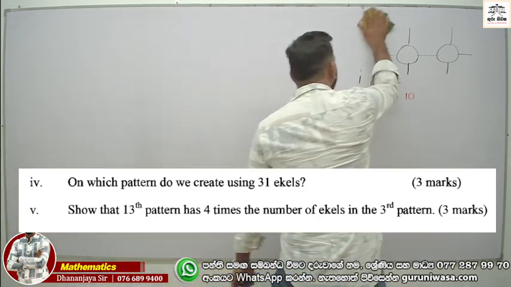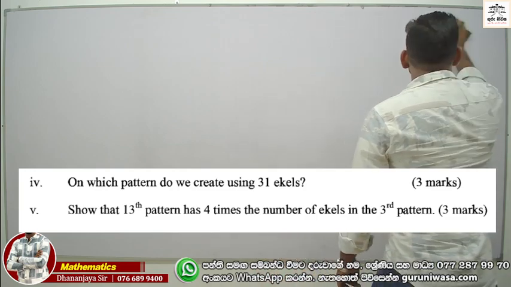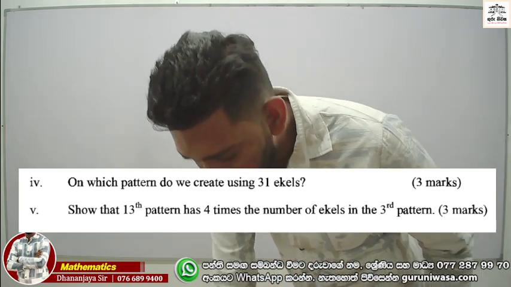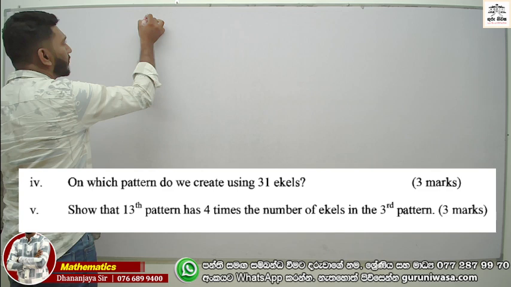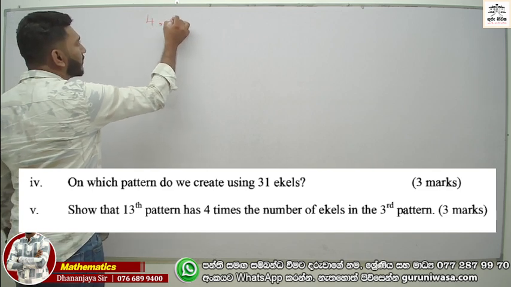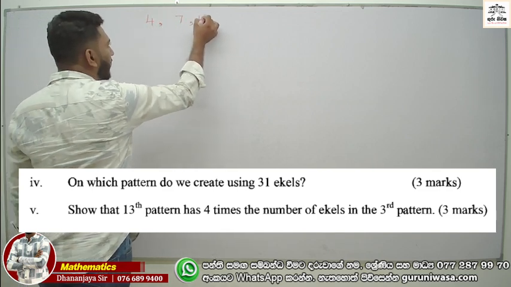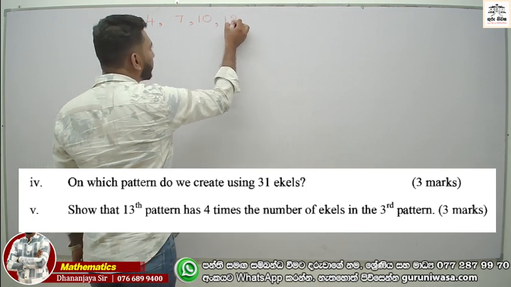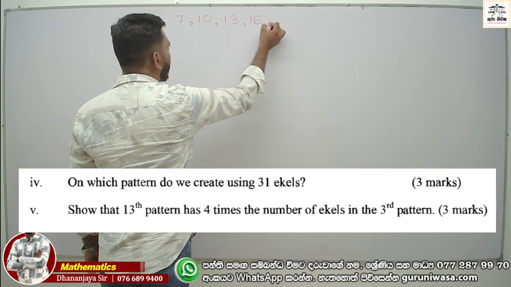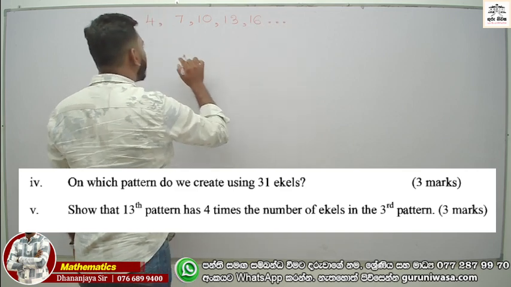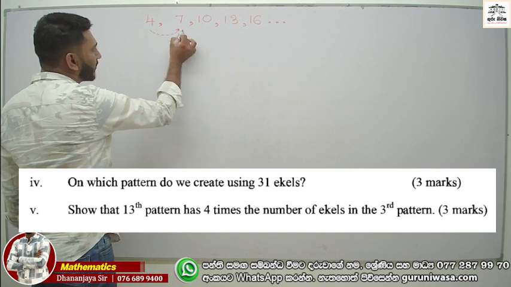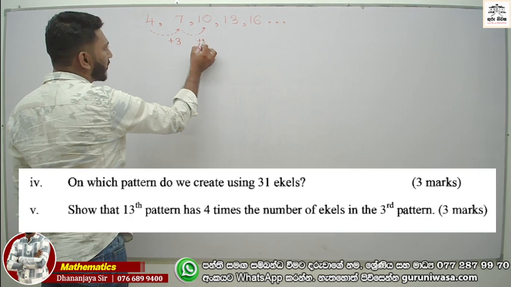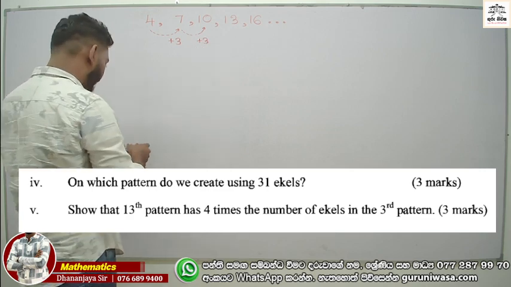Right. Now listen. Here is a trick. The first term is 4, 7, 10, 13, 16, like that. This is a number pattern, and this one is 3 by 3. Now, how to find the general term?